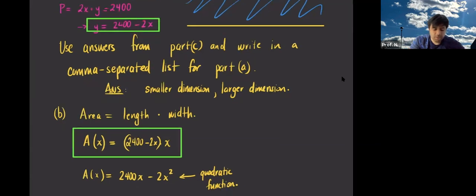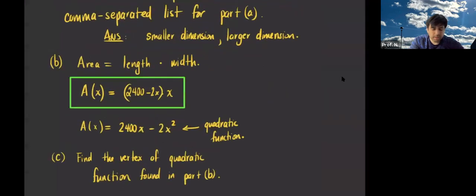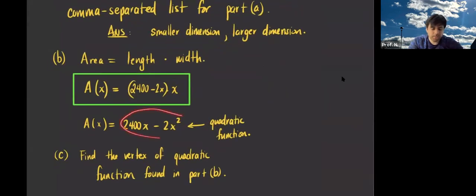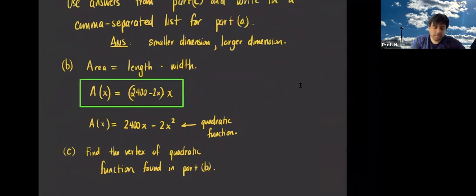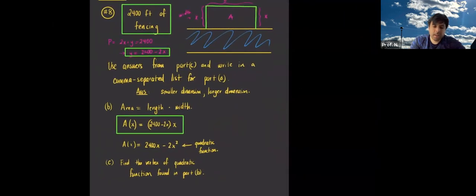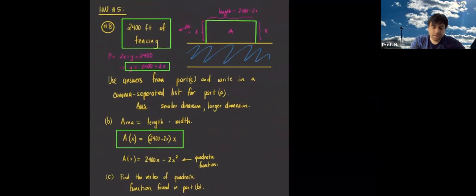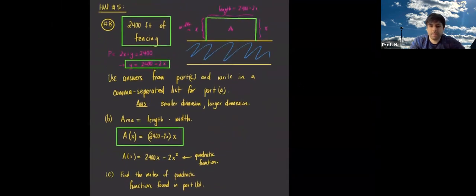So again, I'm not doing the whole thing because I think from here you should be able to find the vertex. And then once you have the vertex, you have the answer for part C, and then you can just plug that in for part A. Okay? Does that make sense? Again, the hardest part of a problem such as this is actually finding the function itself.